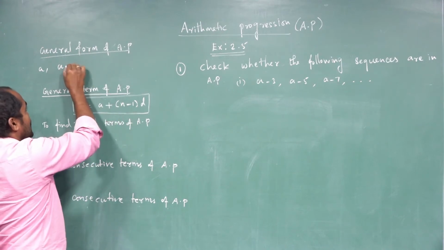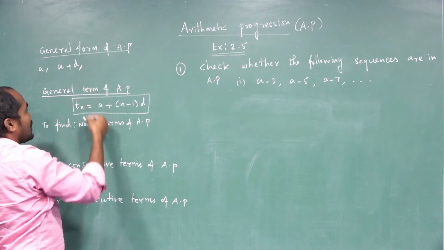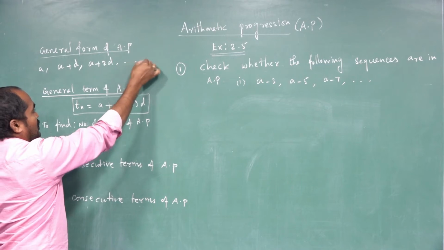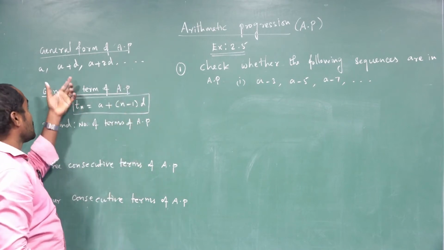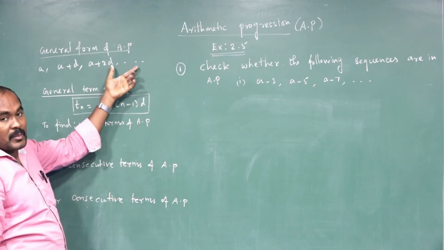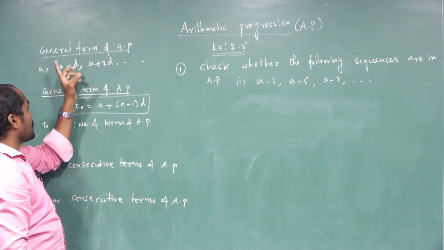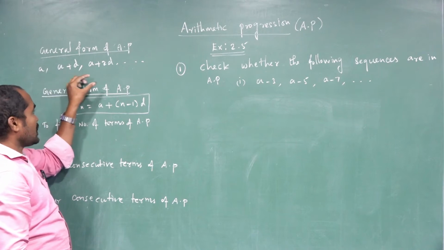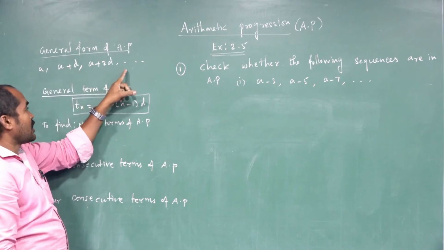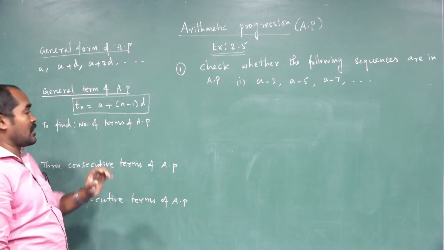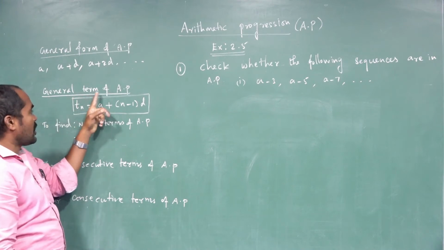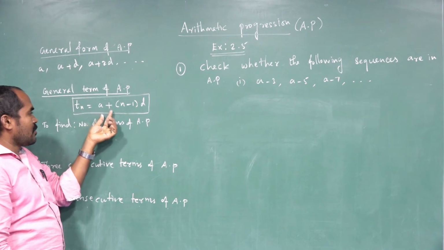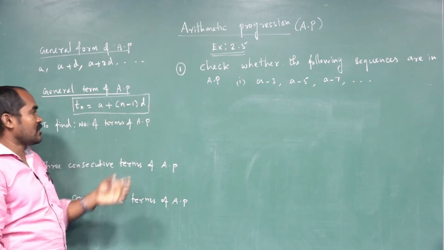The second term is a plus d, the third term is a plus 2d, and so on. So the general form of arithmetic progression is a, a plus d, a plus 2d, a plus 3d, etc. The general term of AP, that is the nth term, Tn equals a plus (n minus 1) into d.